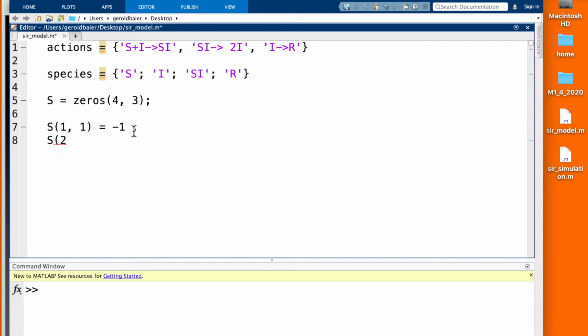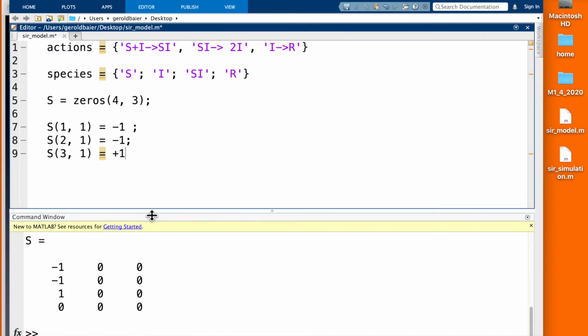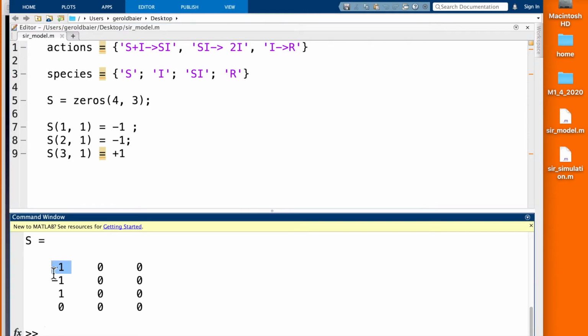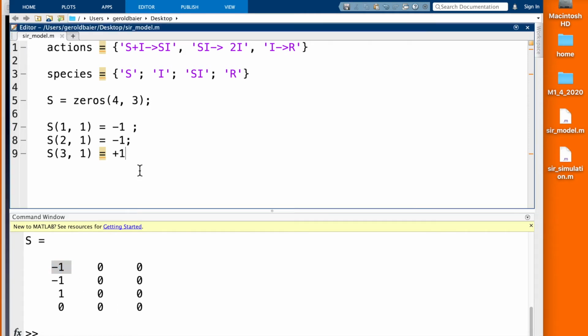And the number of infected people in the first reaction will also go down by 1, because we need 1 of each. And what we'll get is a member of the third species, which is the contact pair, and according to that reaction number 1, it will increase by 1. So if I execute this code and show it here at the bottom, our stoichiometry matrix has now all the components implemented that have to do with the first action.